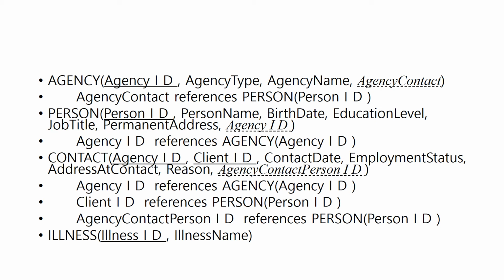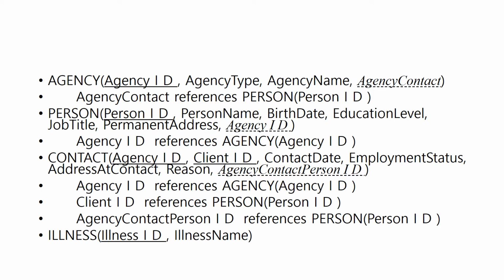Contact date, employment statement, address at contact, reason, agency contact person ID. Agency contact person ID must be a foreign key. So agency ID references the agency table, agency ID; client ID references the person table, person ID; agency contact person ID references the person table, person ID.